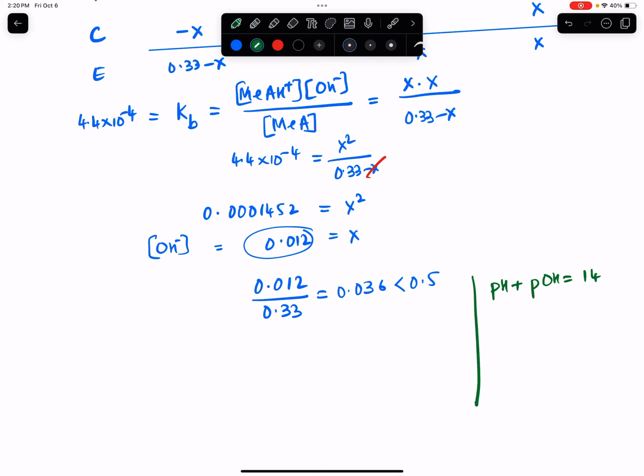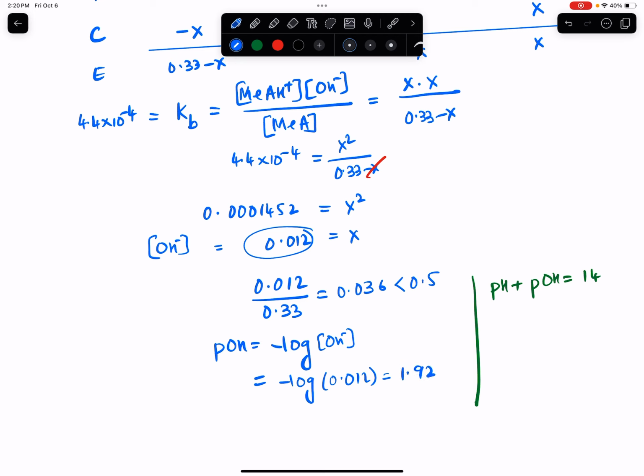So let's find that. pOH is equal to the negative log of the OH minus ion concentration, which is equal to negative log of 0.012, which gives us a value of 1.92.